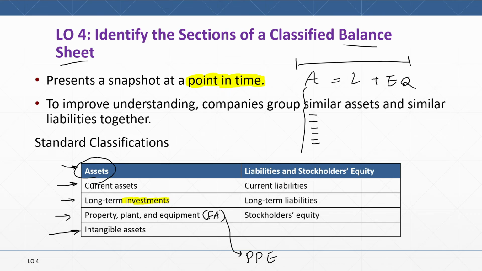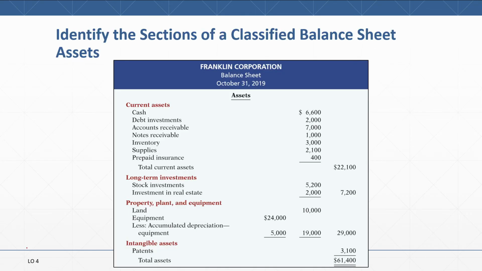Under the liabilities, we do have current liabilities, long-term liabilities, and equities as a separate group. This is how we present different classes or categories of our account groups in our balance sheet. We start with current assets.